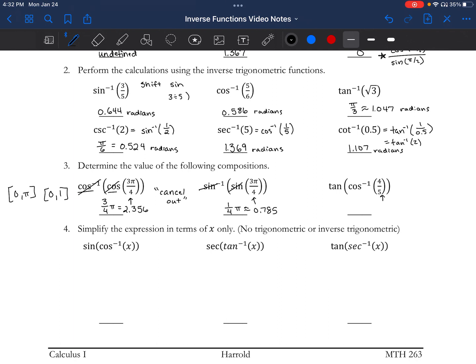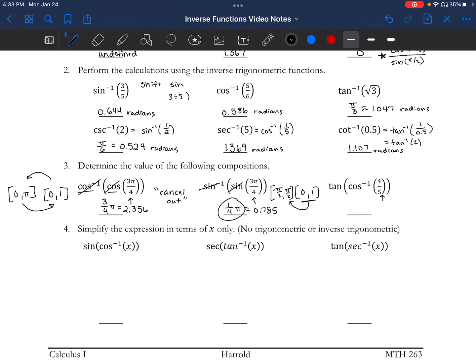And so its inverse switched them, and so it took in 0 to 1 and spit out 0 to pi. However, when I do sine, we said its output is 0 to 1, but its input is negative pi over 2 to pi over 2. So sine of 3 pi over 4 spits out 0 to 1. Well, sine inverse is going to take that 0 to 1 and spit out some number between negative pi over 2 and pi over 2, which is pi over 4.